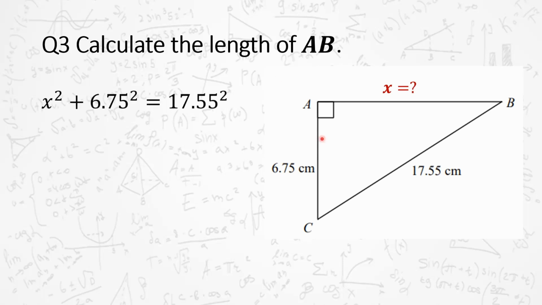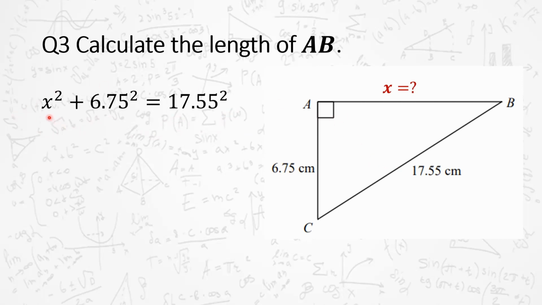To set up my equation, I have x squared plus 6.75 squared equals 17.55 squared. Remember, 17.55 is the longest side because it's the hypotenuse that's opposite my 90 degrees.